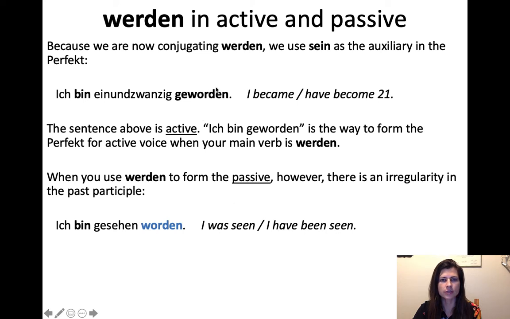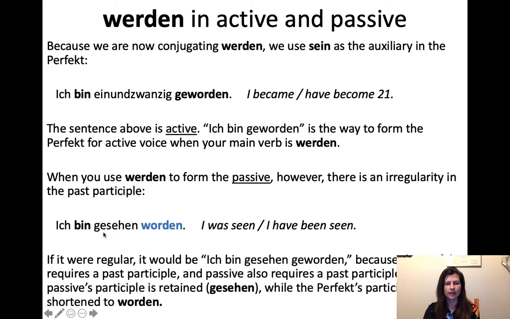So you see the difference between geworden and worden. It just loses the GE. And worden is only used in this passive construction. It's not a word that would occur anywhere else. It's single use for the passive, right? So ich bin gesehen worden is I have been seen.